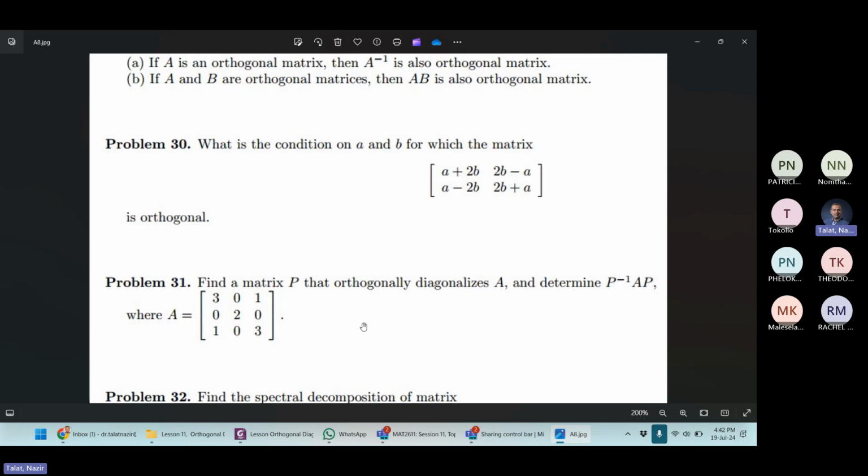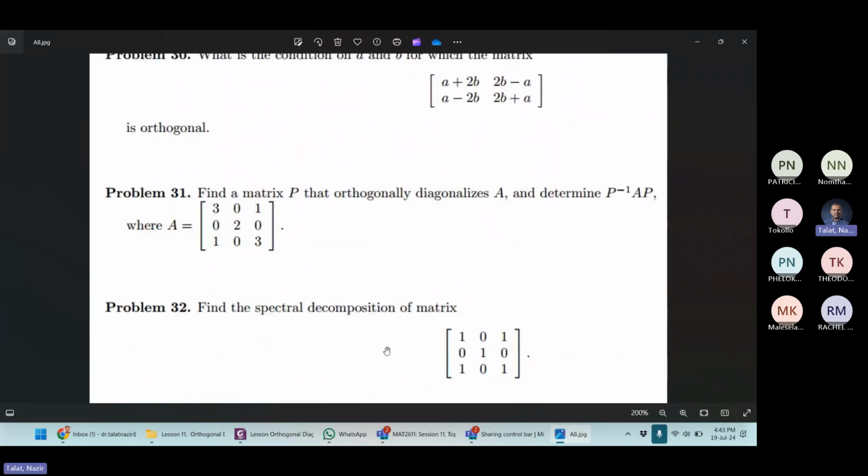The diagonal entries will always contain the eigenvalues. You can interchange the order, and it always satisfies the relation P transpose AP is equal to the matrix D. And this is another: find the spectral decomposition of a matrix.